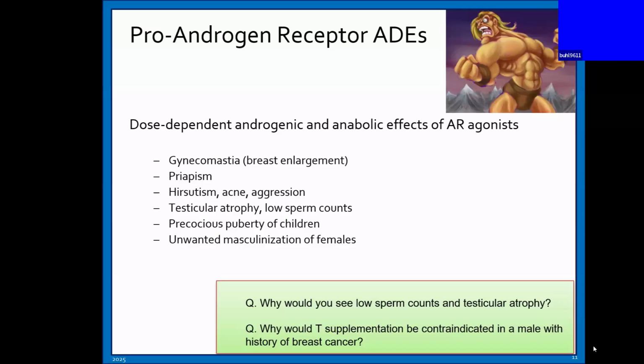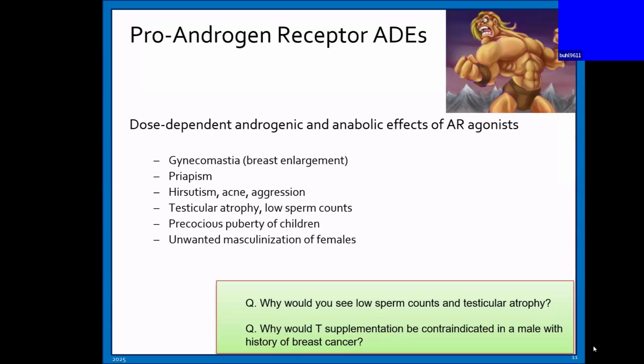Let's say someone is illicitly taking pro-testosterone agents for muscle mass, a huge amount of them, and they start to grow breasts. Why are they growing breasts when they're taking testosterone? You guys agree? Because if they're taking a lot of testosterone, you're going to start making some estrogen too.